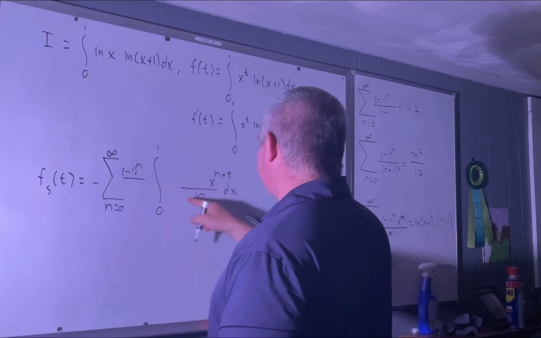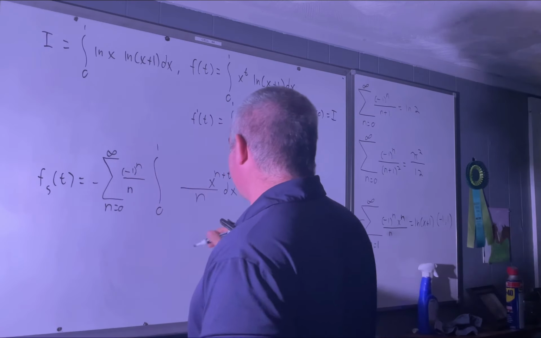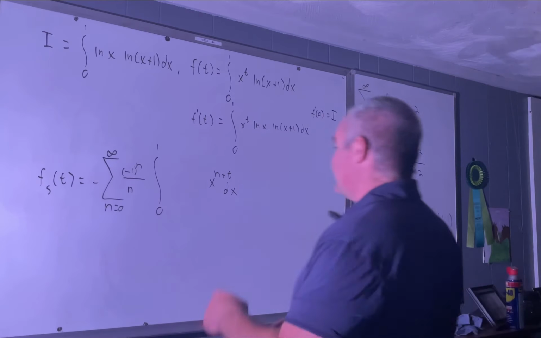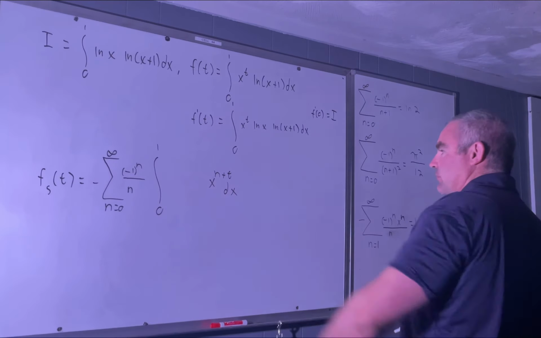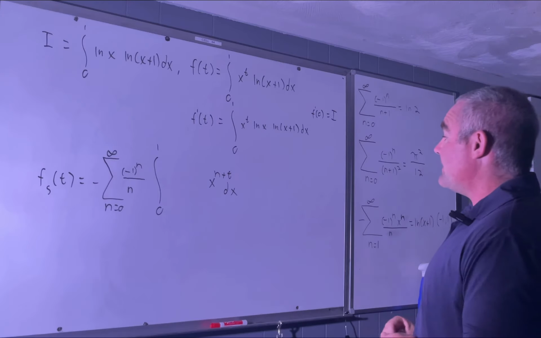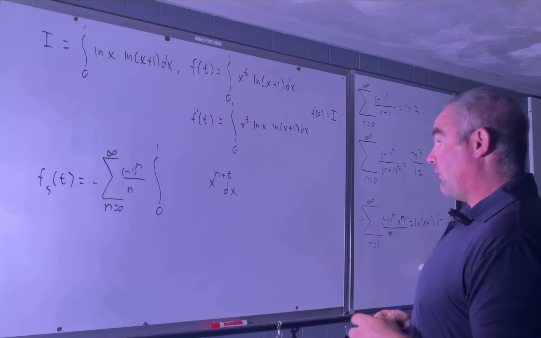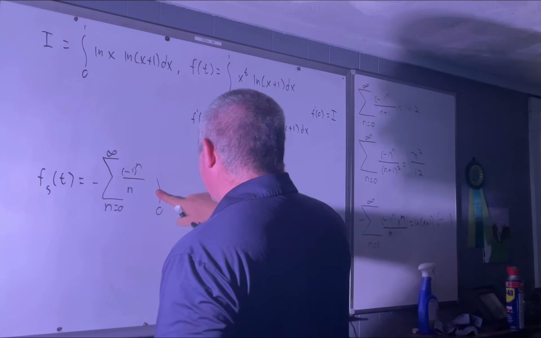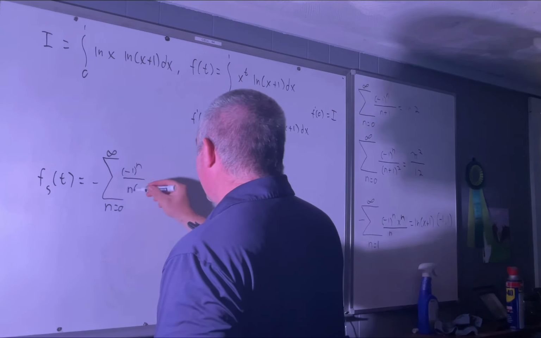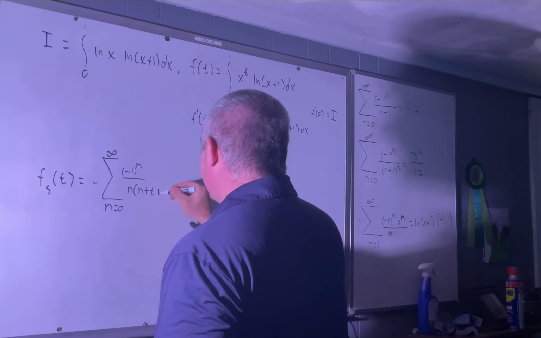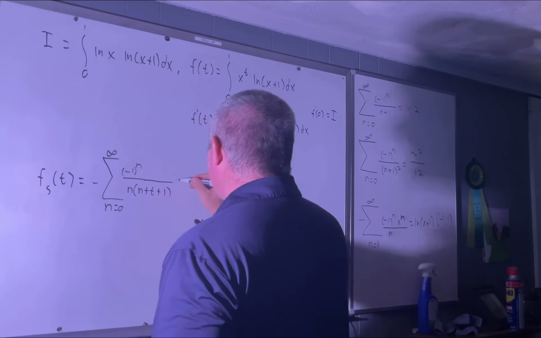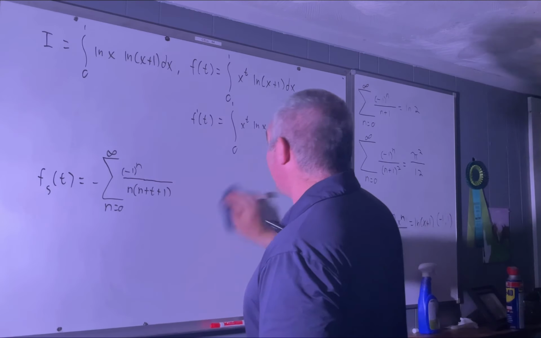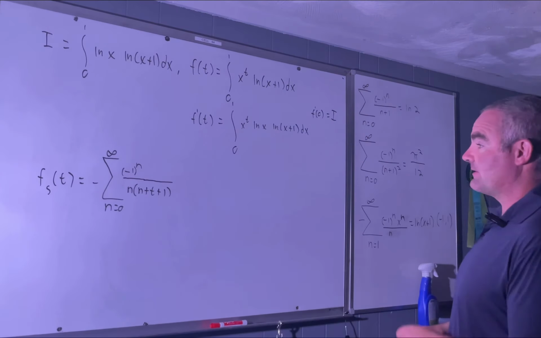We'll also take this 1 over n outside of our integration because it does not depend on x. So this simply becomes the integral from 0 to 1 of x to the n plus t, which is going to be 1 over n plus t plus 1. So we can just put n plus t plus 1. And that's it. There is our function of t expressed as an infinite sum.